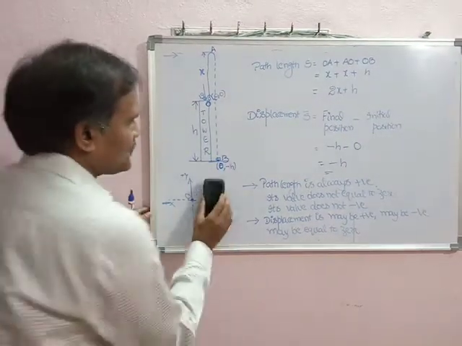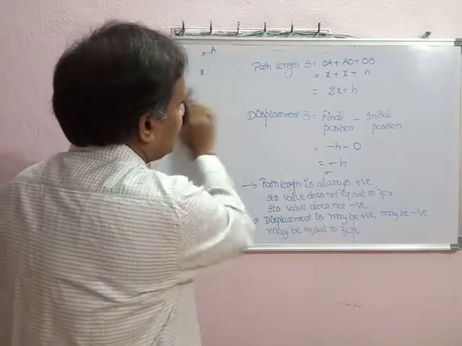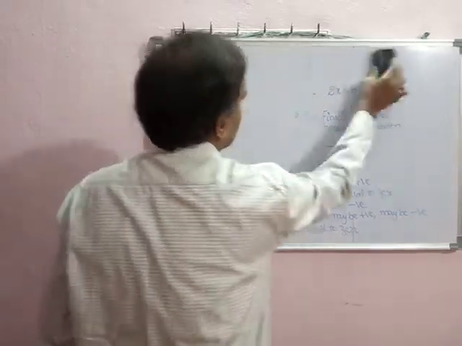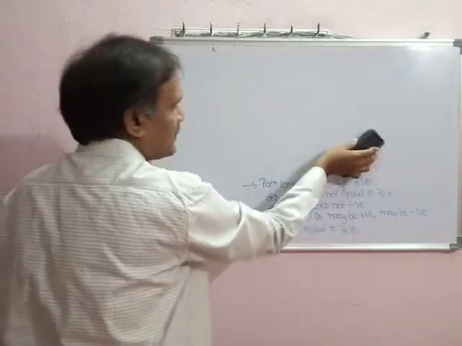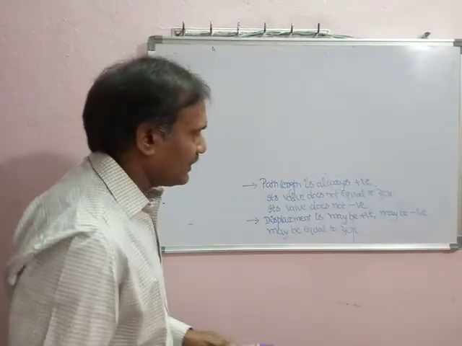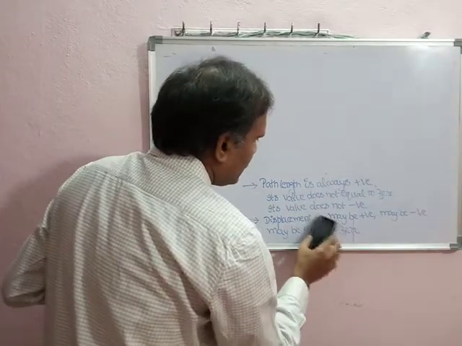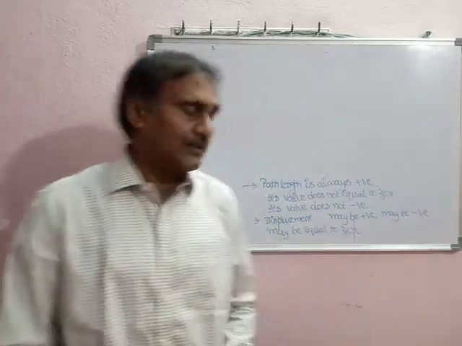Now, another conclusion from these examples between displacement and path length. Already we made one conclusion: path length is always positive. Displacement may be positive, may be negative, may be equal to 0.